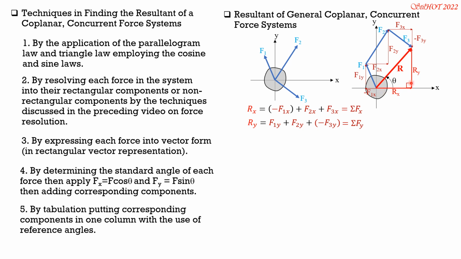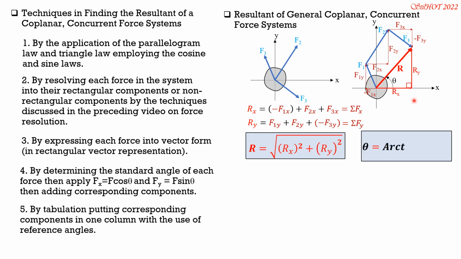Considering this figure here, we say that the magnitude of R is square root of Rx squared plus Ry squared. And the angle that R makes with the positive x-axis is defined by arctan of absolute value of Ry over Rx.